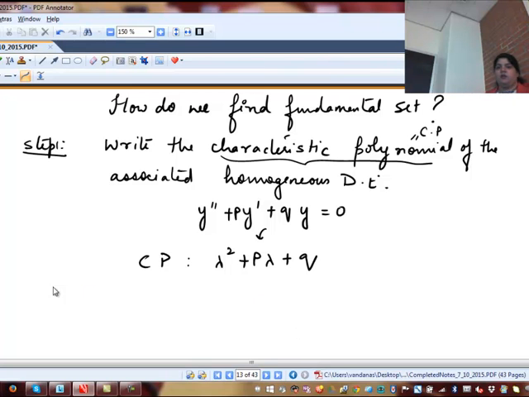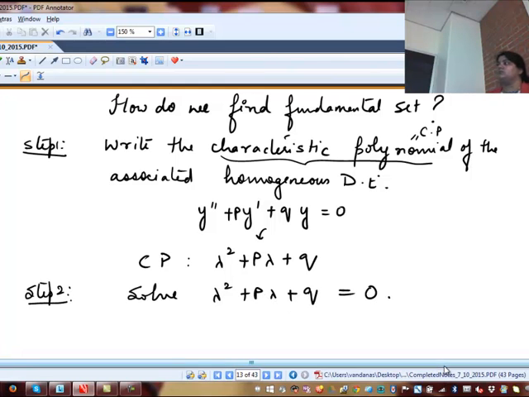Okay. Now step 2, solve this characteristic equation. Now note one thing: if you have a constant coefficient, you can write down a polynomial.